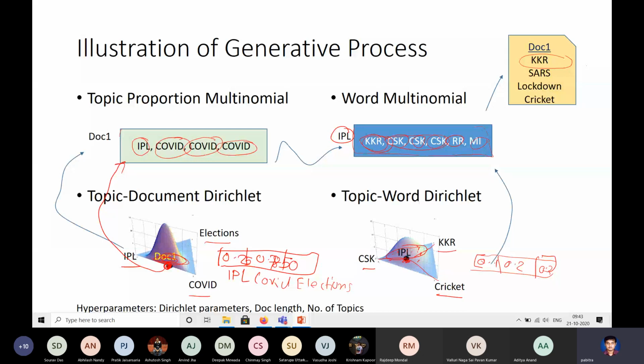It doesn't consist of all words. It's a narrow topic. It consists of few words. That's what the Dirichlet constrains you to pick up. So these Dirichlet distributions are kind of constants that you put on the topic proportion and the word combination in a topic. And they should be sparse.